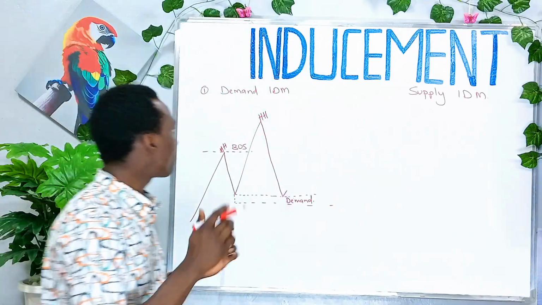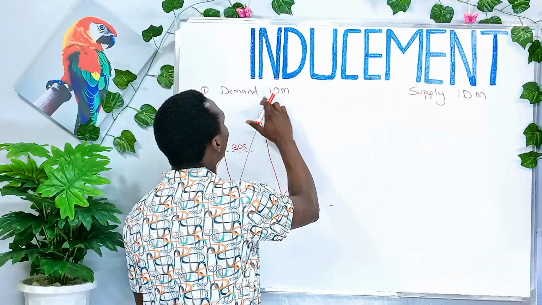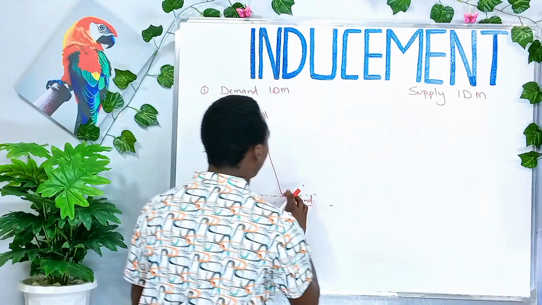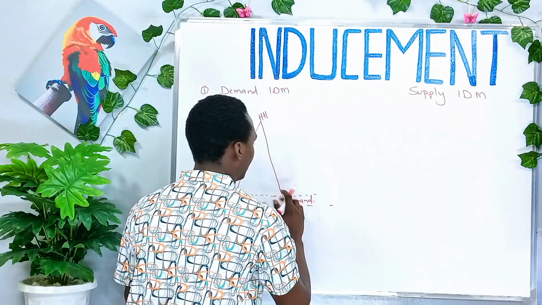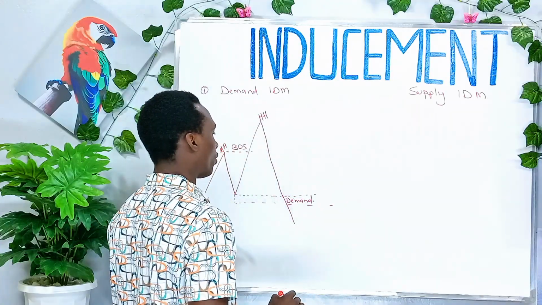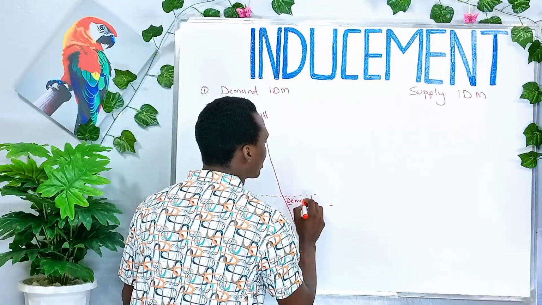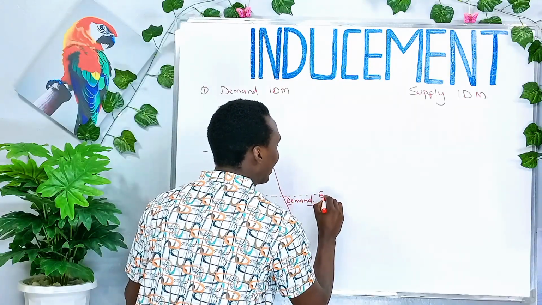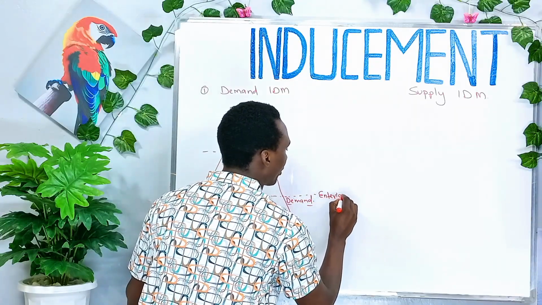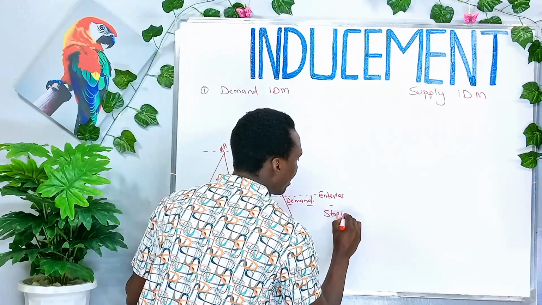But because we are looking at demand inducements, the price does not do that. The price comes down below that demand area and takes out liquidity for those traders who had placed their entries here and their stop losses there.